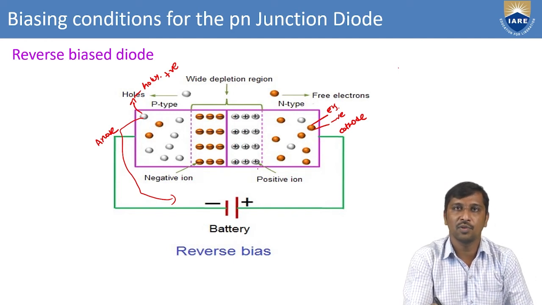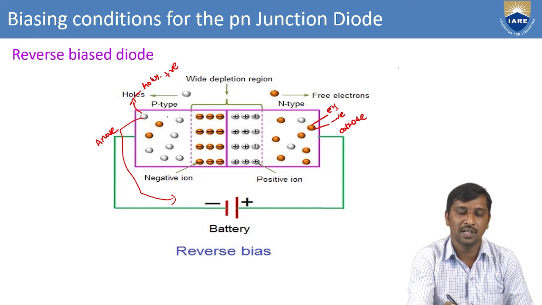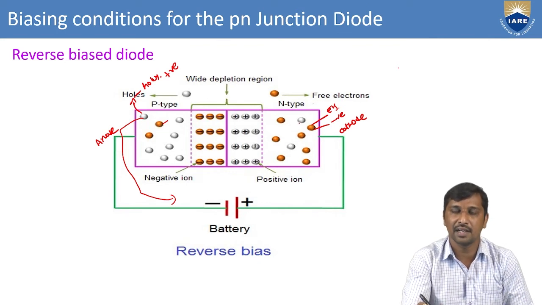There is no current flowing across this reverse bias, but only a small current flows due to the effect of minority charge carriers here. What are the minority charge carriers? The P type contains minority charge carriers that are electrons. In N type, the minority charge carriers are your holes. But it contains very few charge carriers.